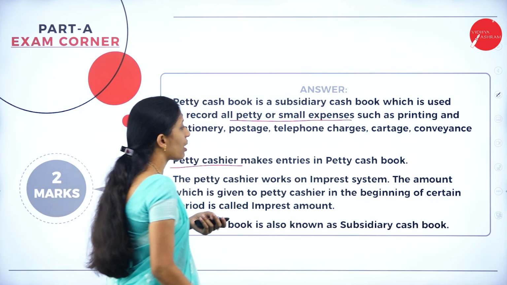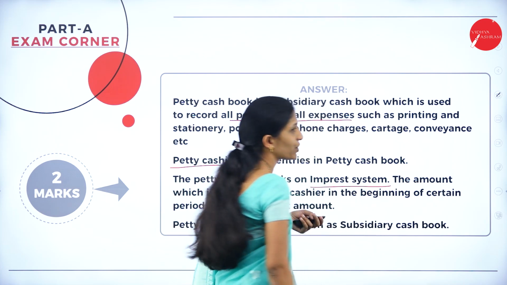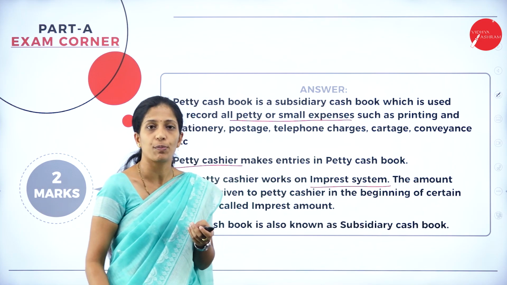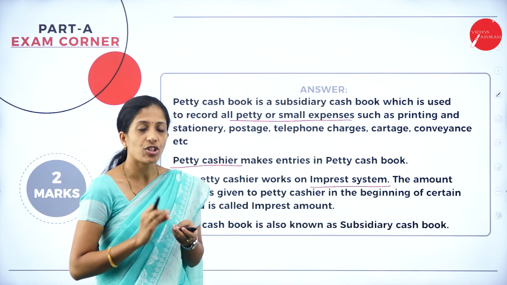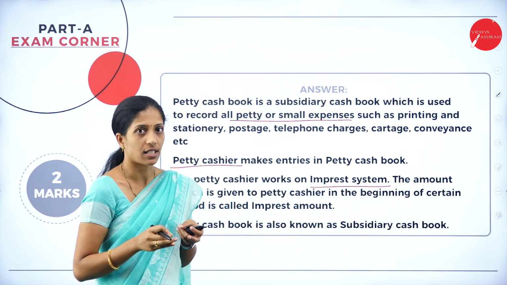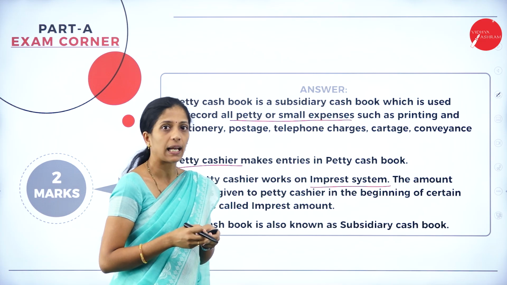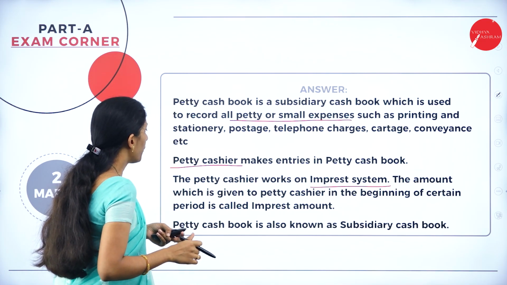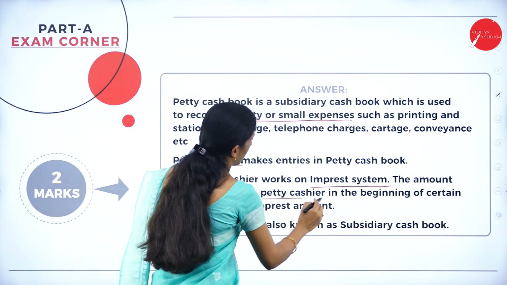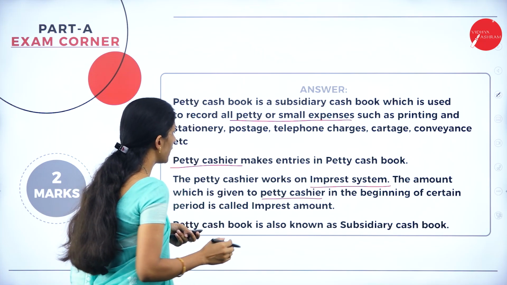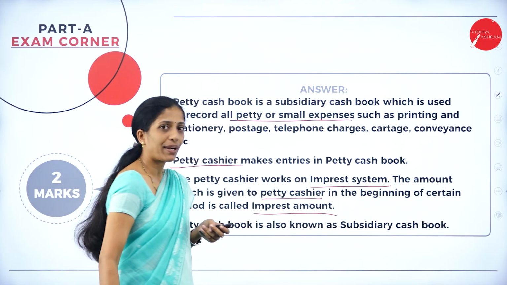Petty cashier works on the imprest system. We have solved a lot of problems on petty cash book where the petty cashier uses the imprest system. You can go through the previous session to know what the imprest system is. The amount which is given to the petty cashier at the beginning of a certain period is called what? Imprest amount.